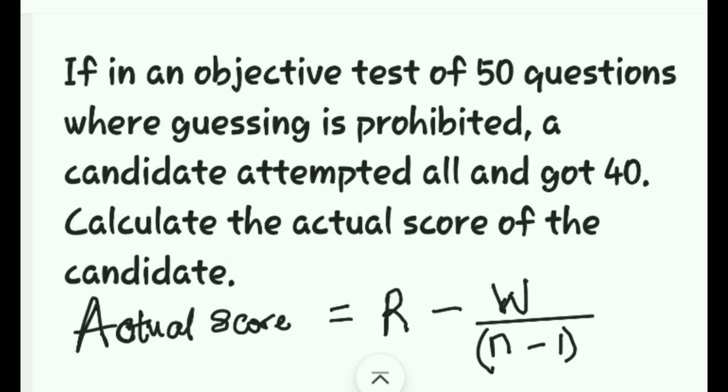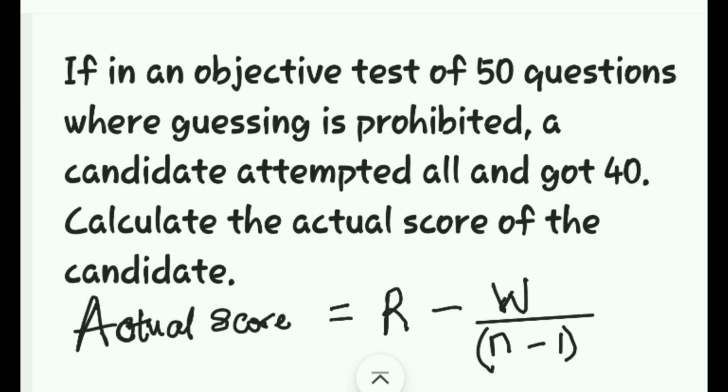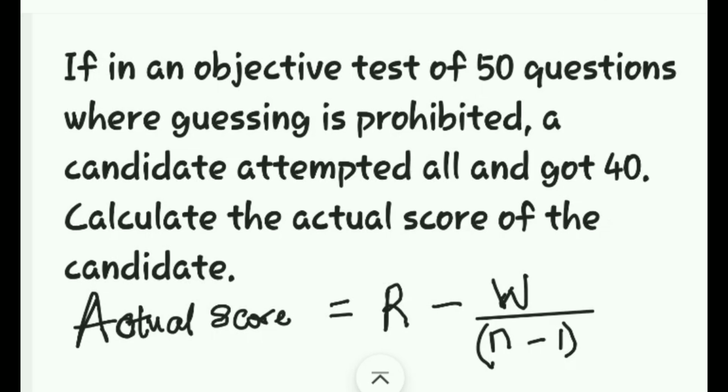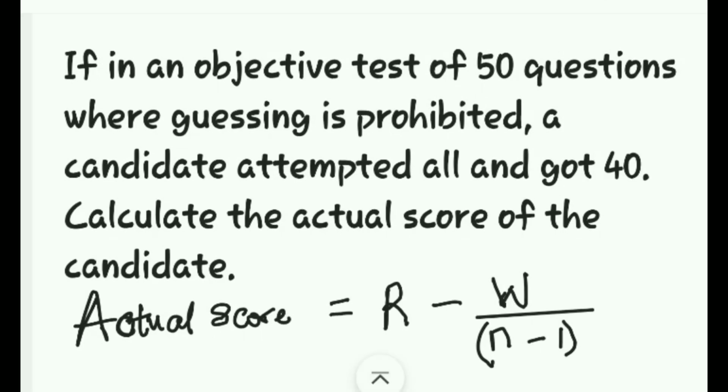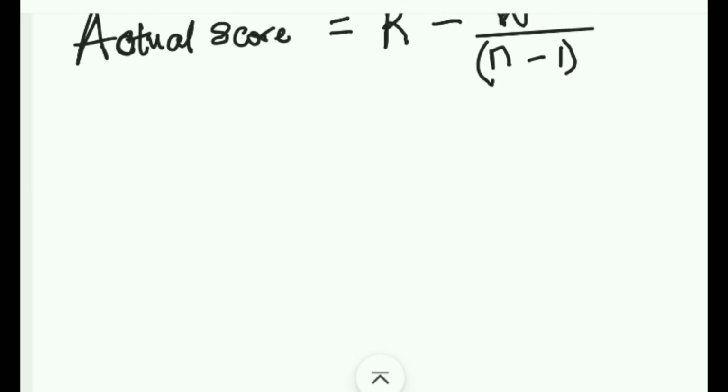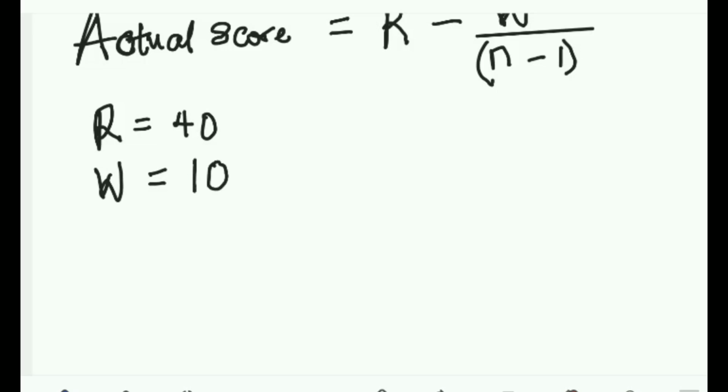So if in an objective test of 50 questions where guessing is prohibited, a candidate attempted all, that simply means he answered all the questions and got 40. So R is 40. If we got 40, then W will be 50 questions minus 40, so that's 10.